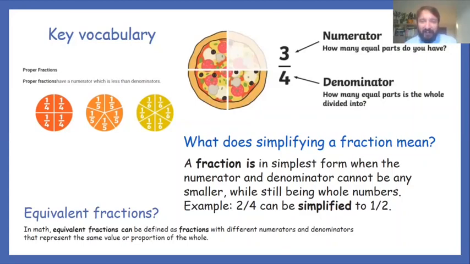Well, a fraction is in its simplest form when the numerator and denominator cannot be any smaller, while still being whole numbers. So a little example there, 2/4 can be simplified into 1/2, okay, and then 1/2 would be the simplified fraction. Okay, let's move on.